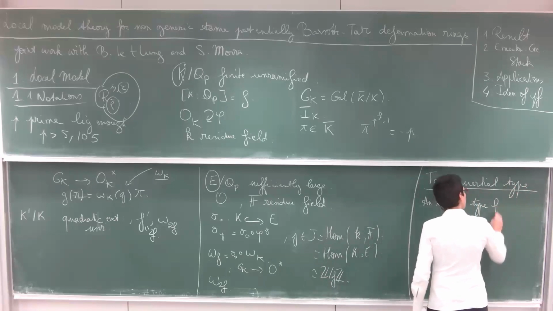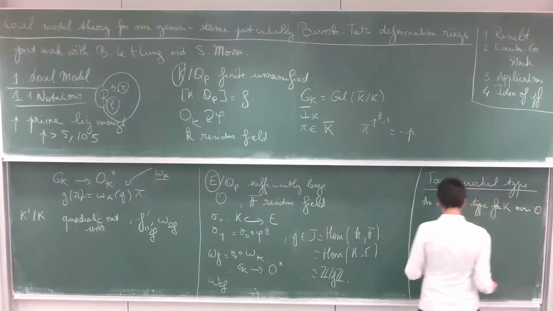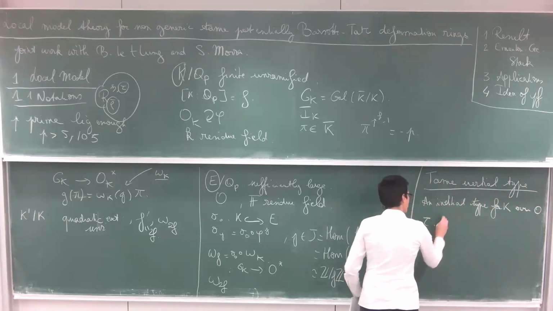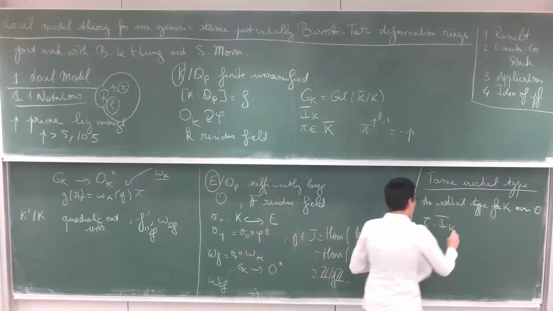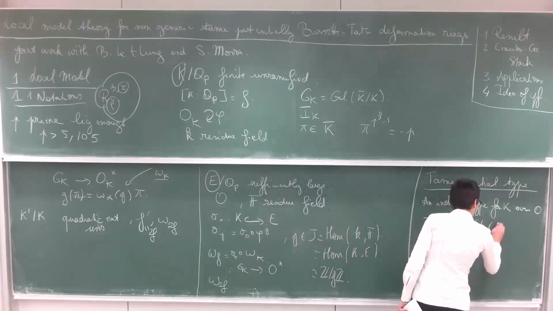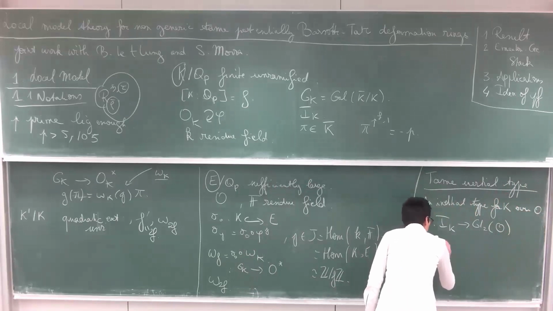So this is something for K over O, and this is a homomorphism from the inertia group to GL2 of O, such that it has open kernel.